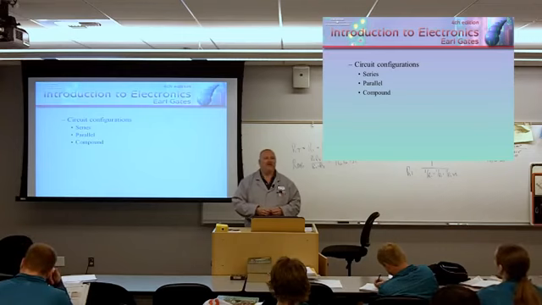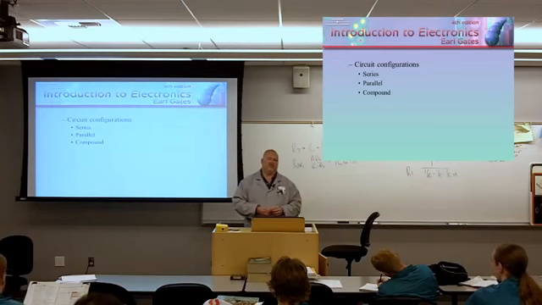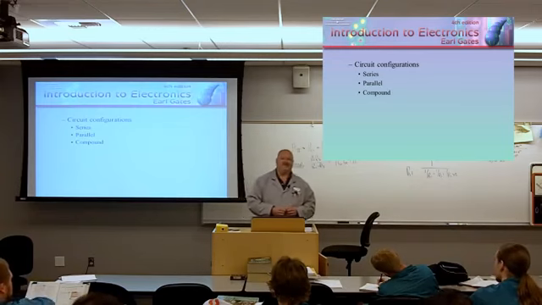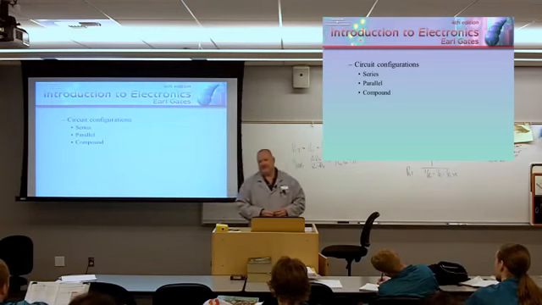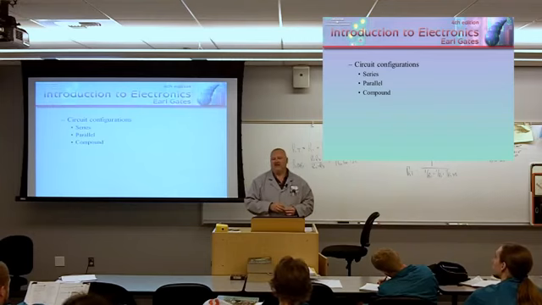In a compound circuit, what do I got to do? Both. Thumb rules for parallel circuits: total resistance will always be less than the value of the least. And if I have like resistors, same size, then I could simply take that value and divide it by the number of resistors that I have, and that'll give me the total resistance.